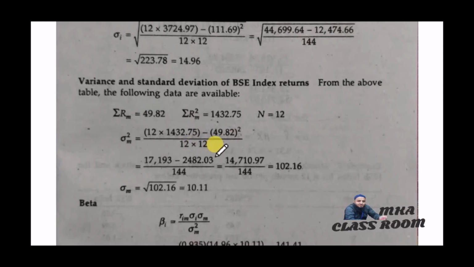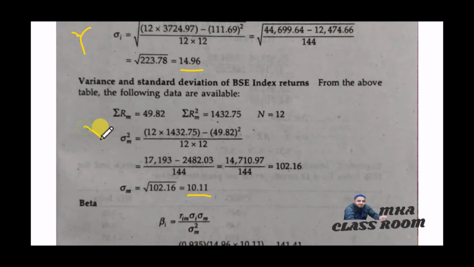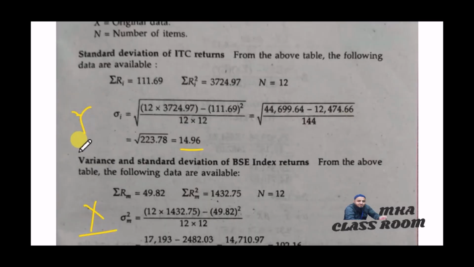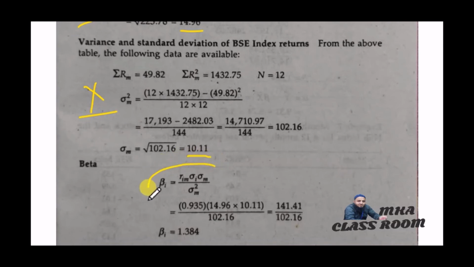That means 12 into 12. That is our x is 10.11 and y is 14.96. So y is our dependent variable, and this is x, standard deviation. Now this is our formula for beta.